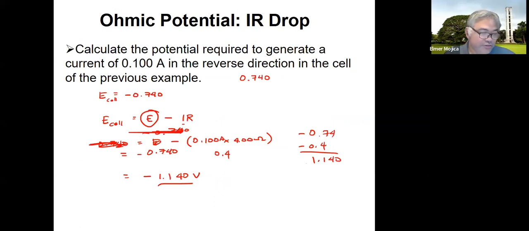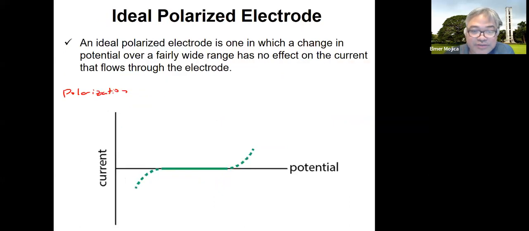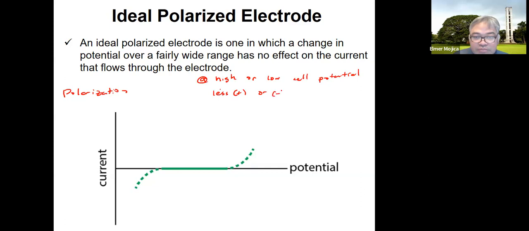So if we're going to look at this polarization, okay, they usually use the so-called current versus potential curve. So that's why I have this, the current and the what we call potential curve. So at high or low cell potential, you can get a less positive or negative current than expected.